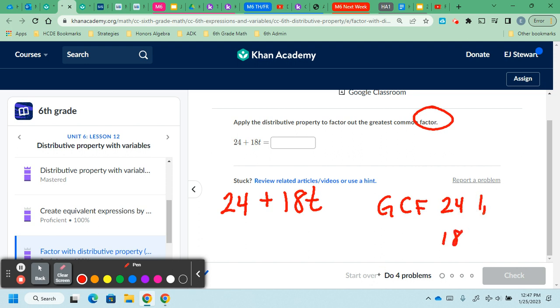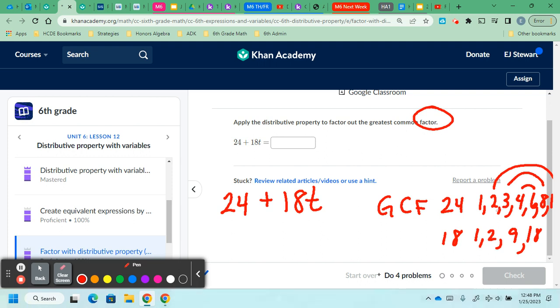Well, factors of 24, there are a lot of them. 1, 2, 3, 4, and 4 times 6 is 24. 3 times 8 is 24. And 12 times 2 is 24. Factors of 18: 1 times 18, 2 times 9. I just have 4 factors of 18.